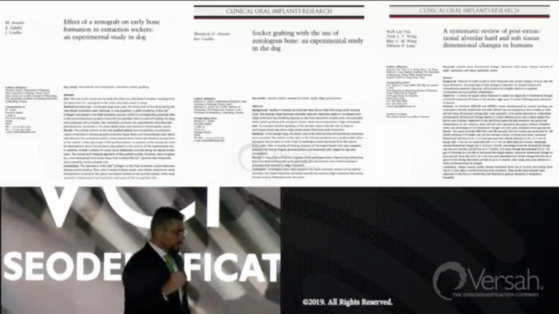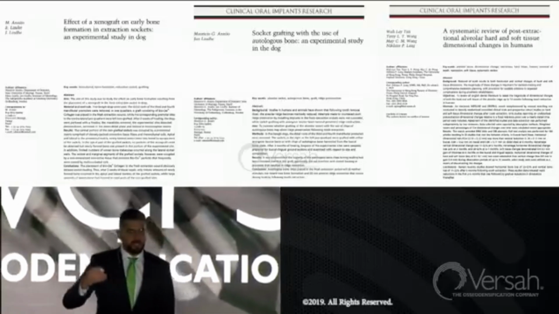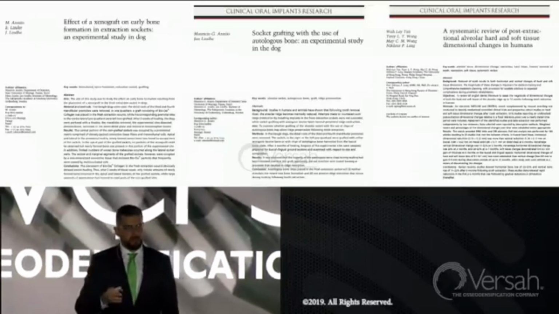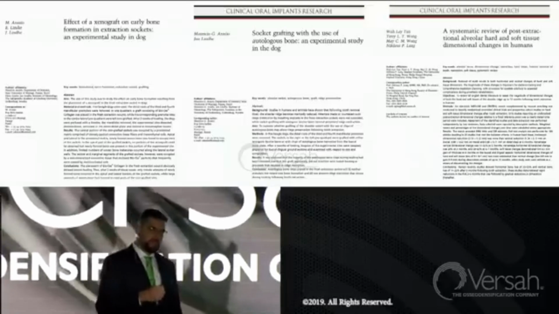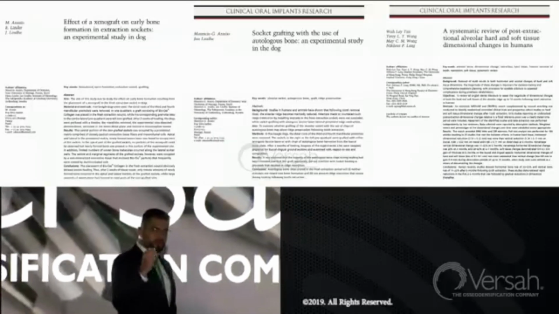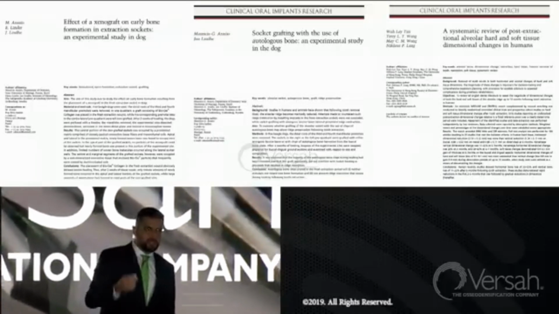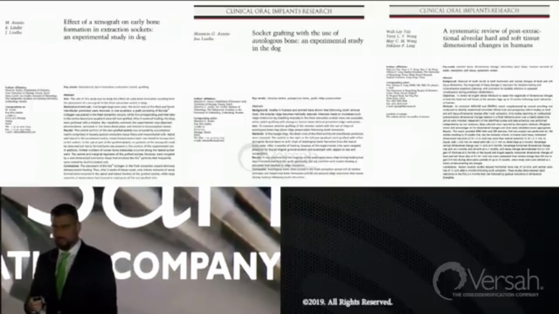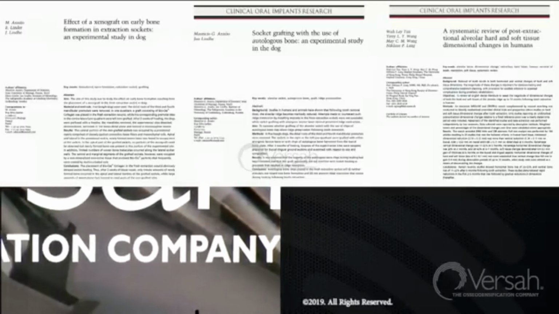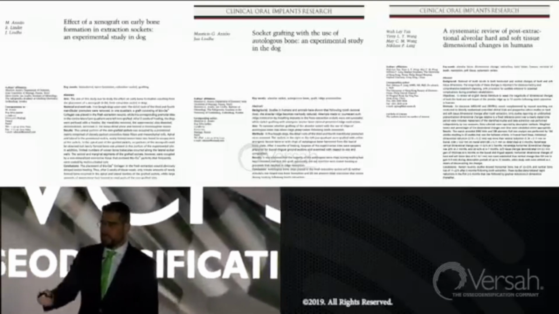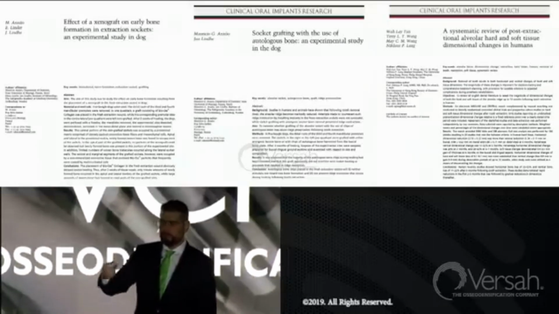And I blame myself for this because I did a lot of research in the early 2000s of ridge preservation. And I can tell you that the primary outcome measure of every single study that is out there was only one. What kind of graft material will maintain the ridge shape better over time?